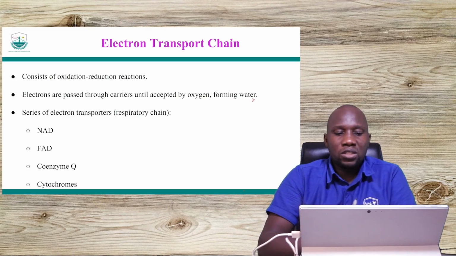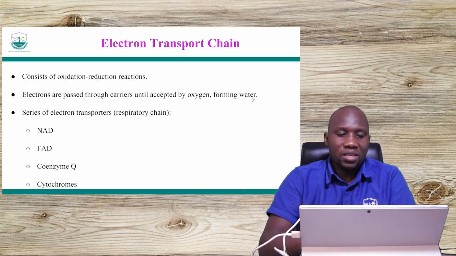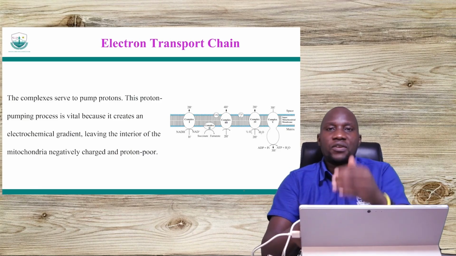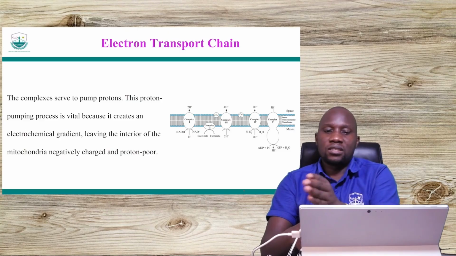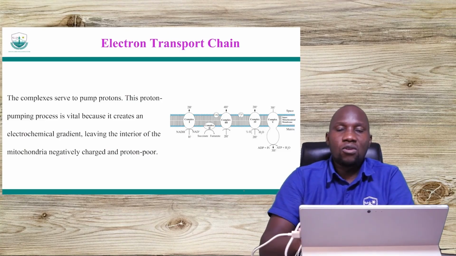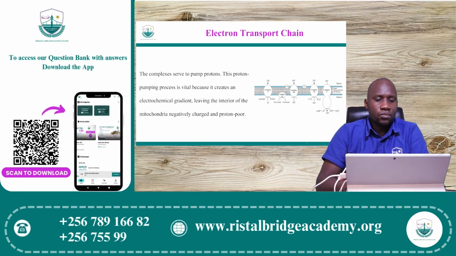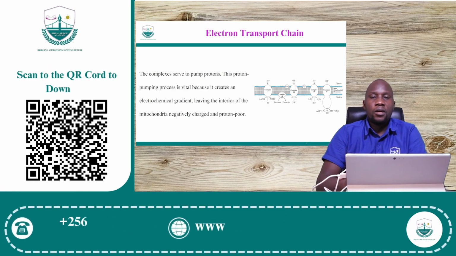So if we talk about the respiratory chain, that is what we basically mean there. Okay, so this is like a chain of carriers, a chain of transporters from one complex to the other.